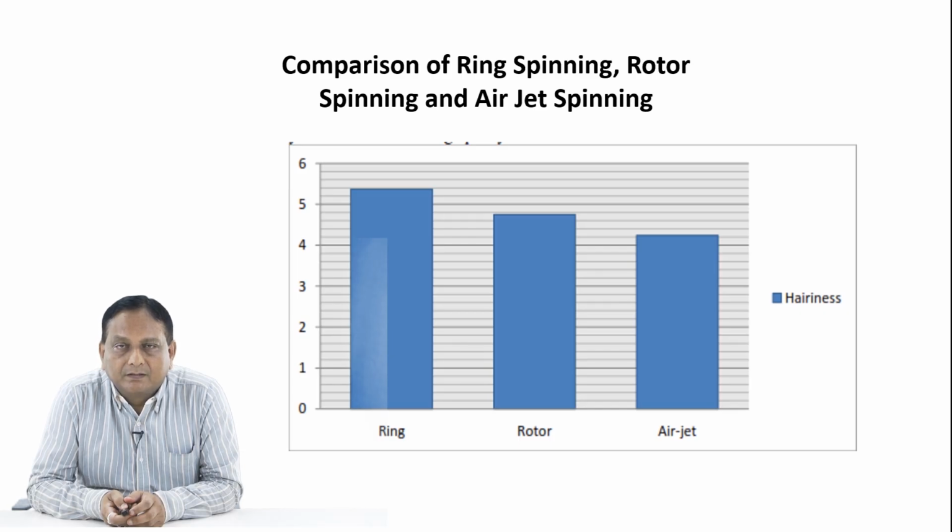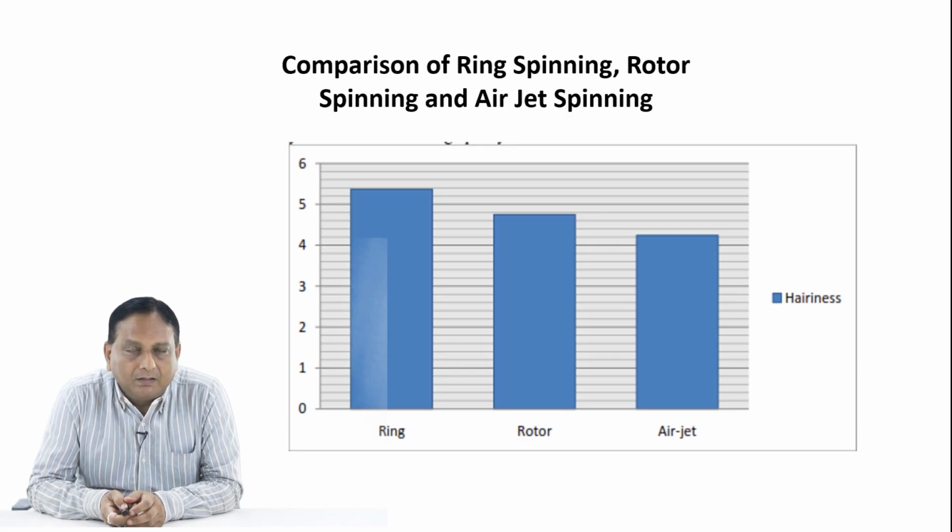Hairiness is less in air jet spinning in comparison to both, and rotor lies in between ring and air jet. So this is the comparative assessment of the hairiness of the fibers.